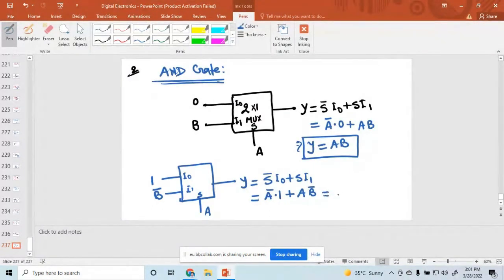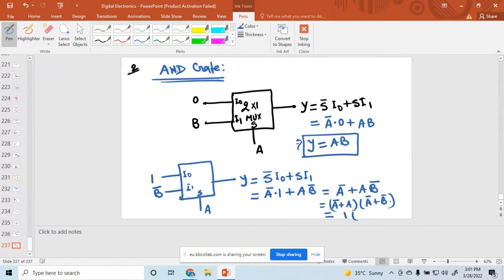Or you can write down this value is equal to A bar plus A B bar, or A bar plus A into A bar plus B bar, or what is the value of A plus A bar, that is equal to 1, into A bar plus B bar, that is equal to A into B whole bar. This is through De Morgan's, and this is equal to A B bar. So what is the expression? So this expression works like a NAND gate.